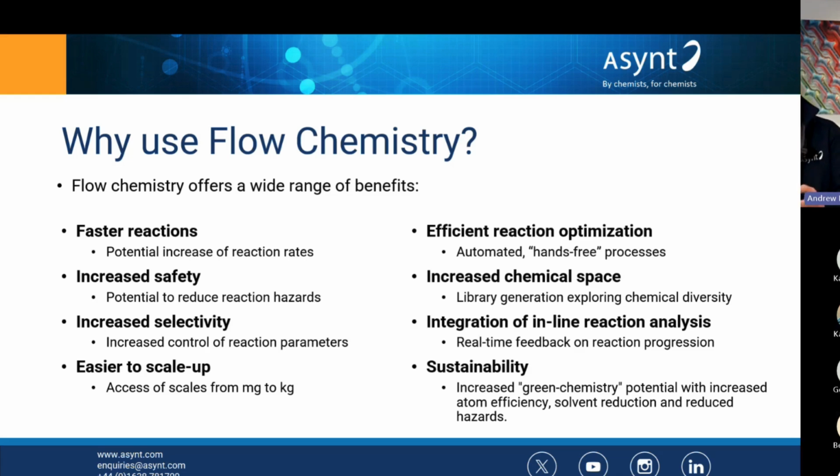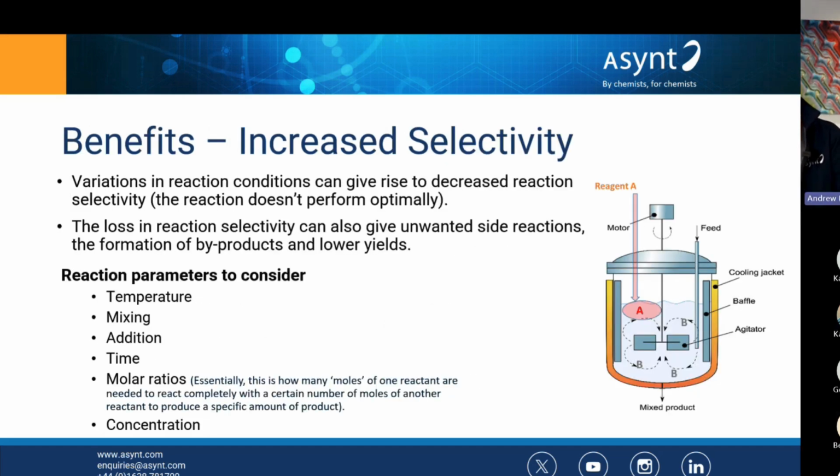And if you look at chemical literature, you'll often see comparisons between batch and flow experiments, and flow will give us some kind of advantage. So let's look at that idea of selectivity again. So in our chemical reaction, if we have variation in our reaction conditions, that can give rise to unwanted side reactions. You know, our process isn't performing optimally. And if we have variation from batch to batch, then we have varying outcomes of the product yield, for example.